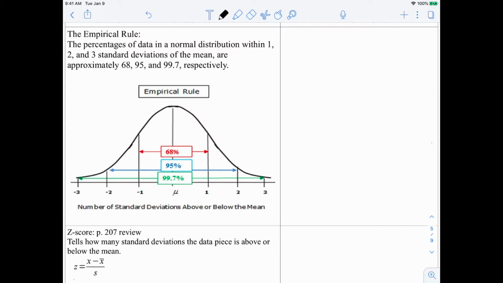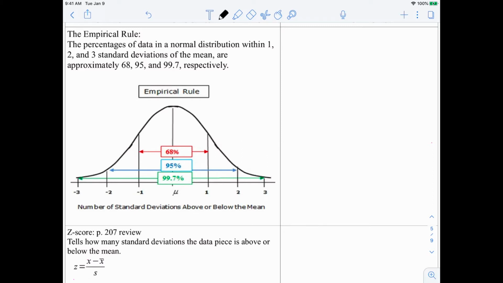And then 99.7% of the data will fall within 3 standard deviations. What this tells us is that really the majority, and oftentimes 100%, fall within 3 standard deviations, which is why I keep saying that being outside of 3 standard deviations is really surprising and very unlikely to happen.